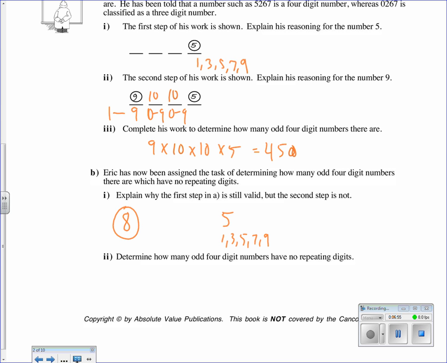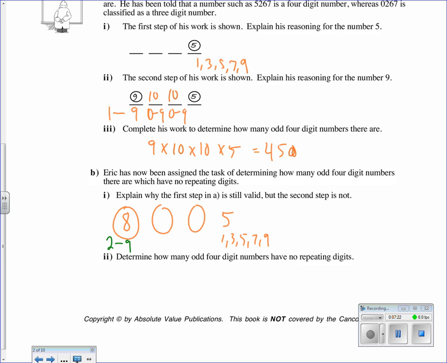And now because I can't have any repeated numbers, I end up reducing my choices here. So if we look at a particular example, there were 5 numbers here as a choice. If 1 was used at the end position, then I would have 2 through 9 for this position.